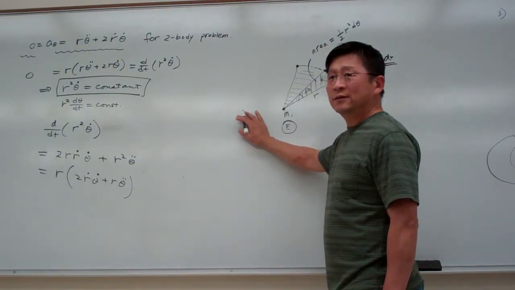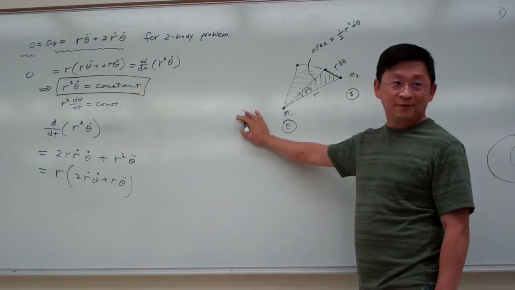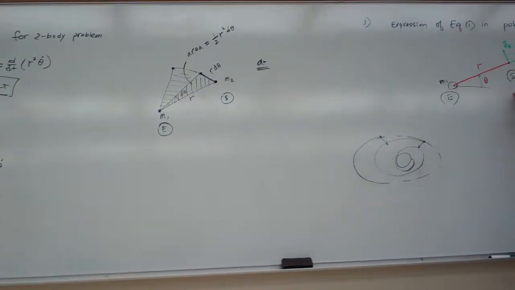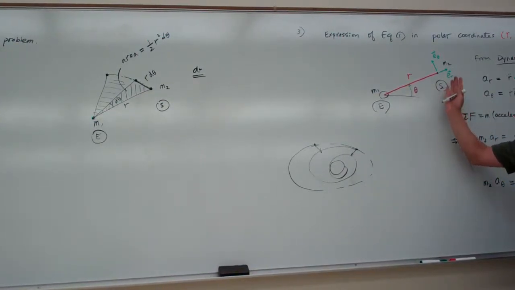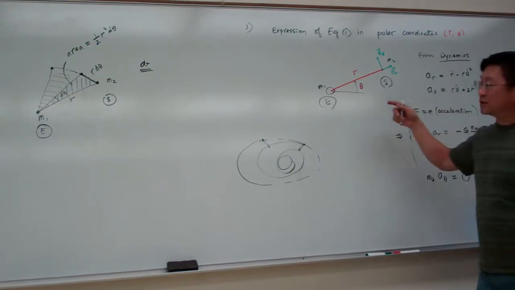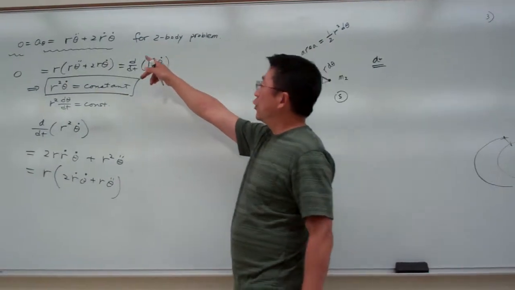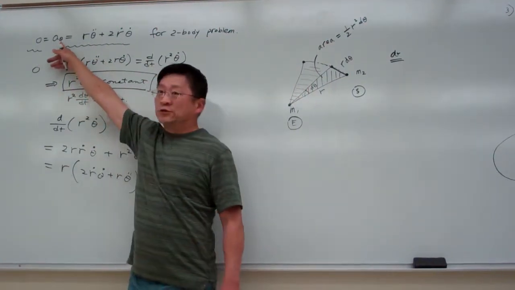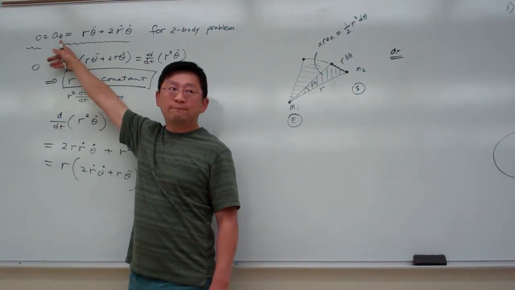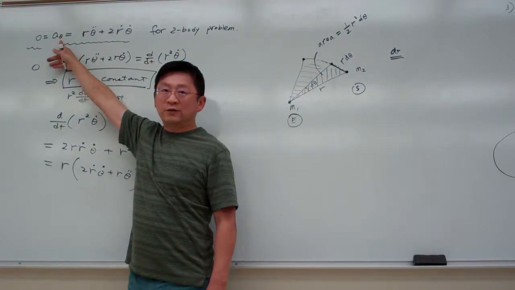Kepler's second law. Got it? Due to the conservation of momentum in the tangential direction, that is the meaning of this equation: no acceleration in the tangential direction. That means the conservation of momentum in that direction.